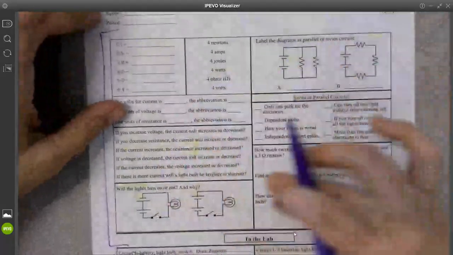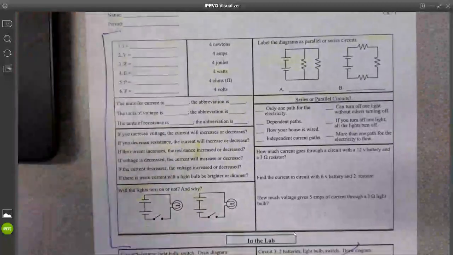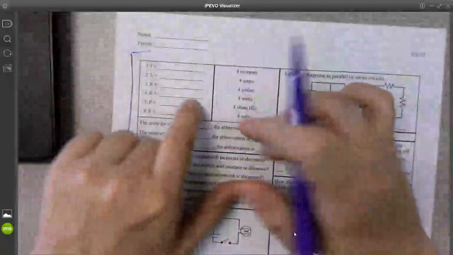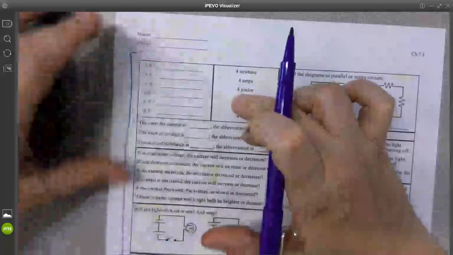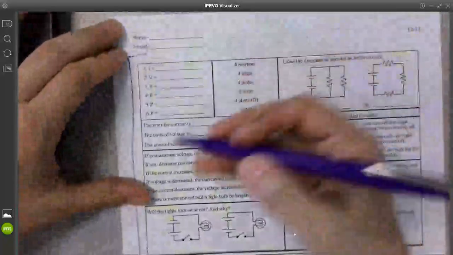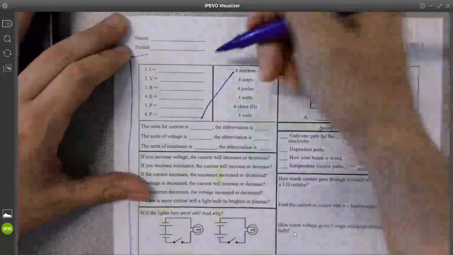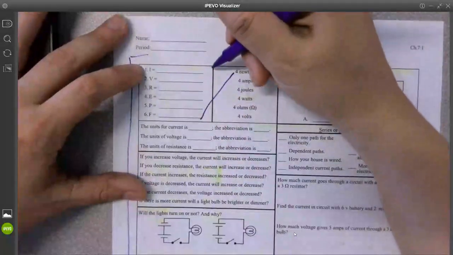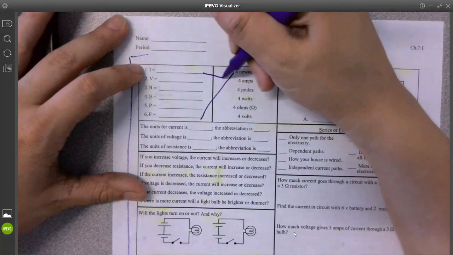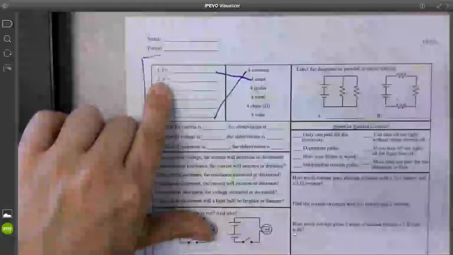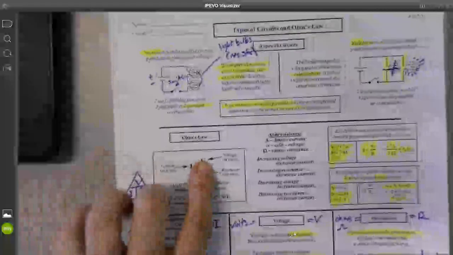This one, though, I can go ahead and tell you exactly where to find the answers. This first box right here is actually in tandem together, and you are simply matching the units. So we know that force is measured in newtons, current is measured in amps, and of course, if you don't know, you can always look on the other side. So V is voltage. Voltage is measured in volts.